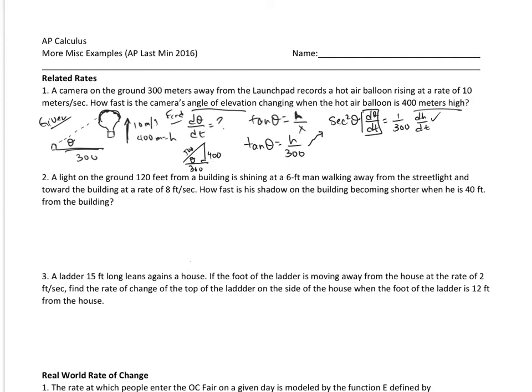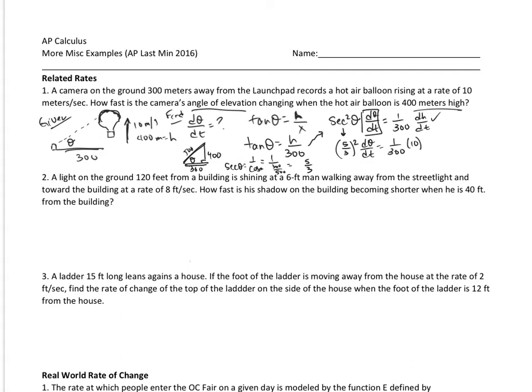Since I want secant, the secant of theta is 1 over the cosine, and the cosine is the adjacent over the hypotenuse, so that's 1 over 300 over 500, which will give me 5/3. So that's what this value is. We're going to say 5/3 squared times d theta dt equals 1 over 300 times my dh dt, which was 10.